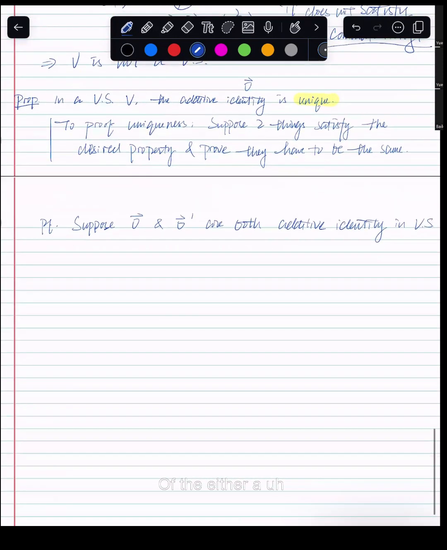Then by the definition of an additive identity, we know that 0 plus v equals v, and 0 prime plus v also equals v.